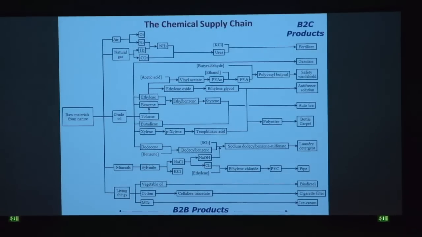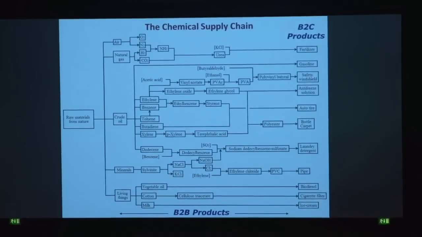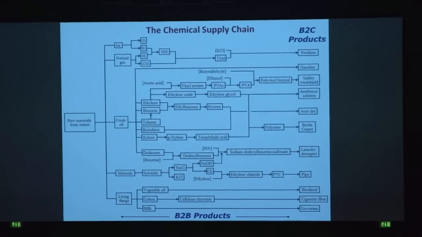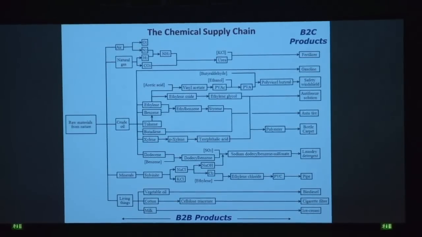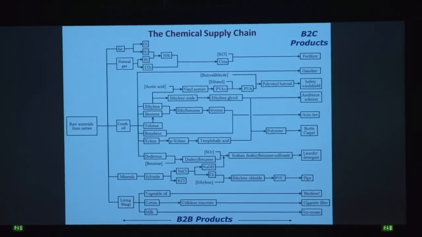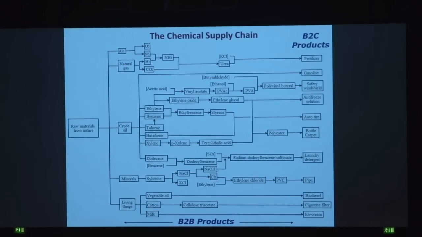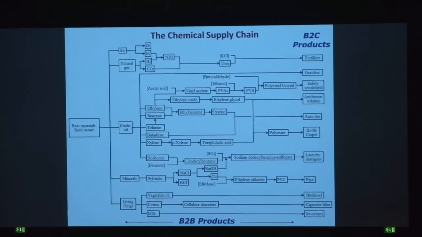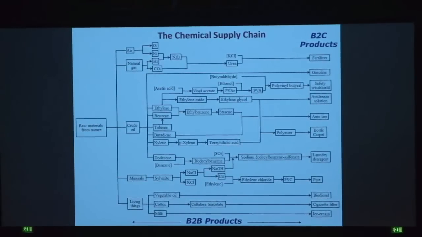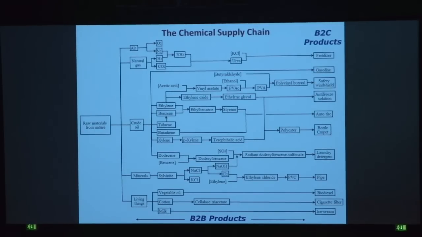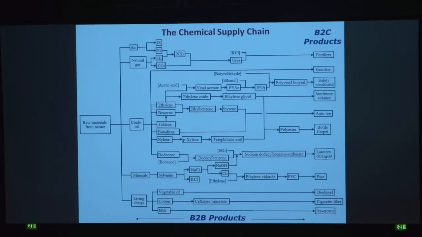The products in the chemical supply chain, there are thousands and thousands of them. They all derive from nature: water, gas, oil, minerals, and plants and animals. If you look at the middle of the chemical supply chain, we are talking about B2B products, sold by one company to another.